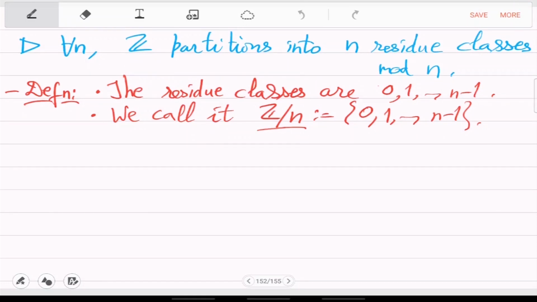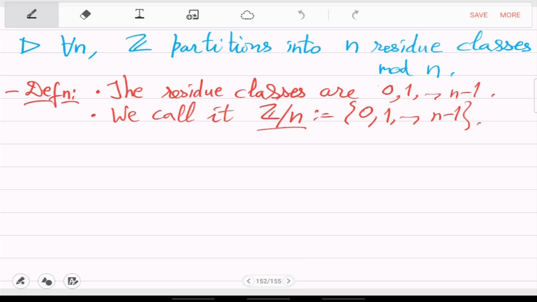Okay, so currently this is a set Z/n, but this set affords many operations. For example, you can add 2 elements, or you can multiply 2 elements, and you will still get an element within the set, right?